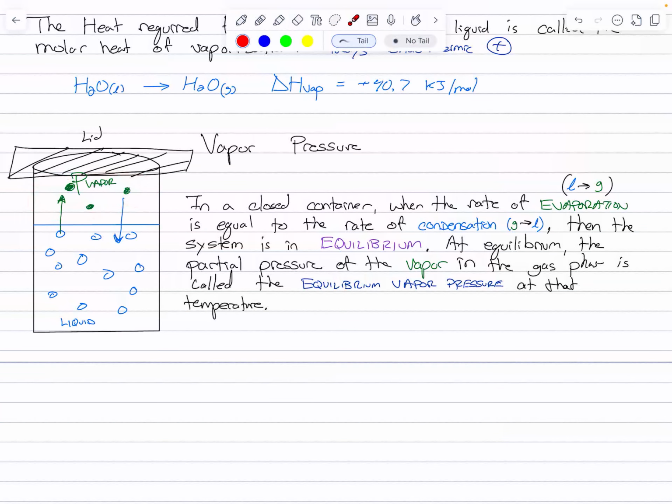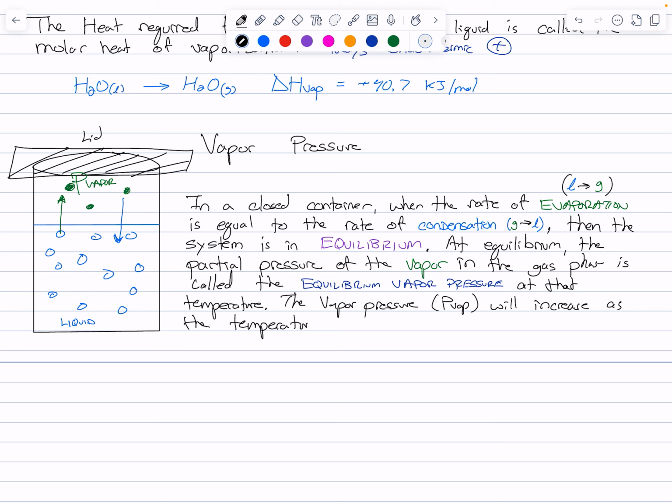So now we can increase it. The vapor pressure, which a lot of times we call PVAP, will increase as the temperature is increased. Okay?